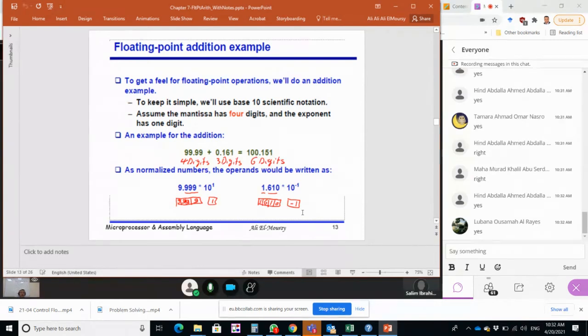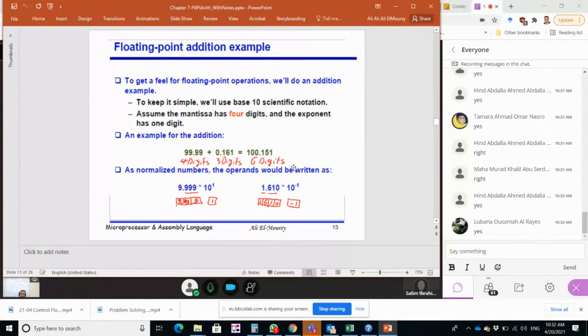Right. What if I wanted to add those two numbers? Even for this example, as it is a decimal example, I can recognize the problem. Can you add those two numbers together? 99.99, I will add it to 0.161. What shall I get?